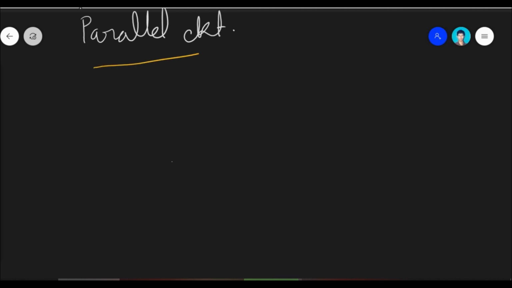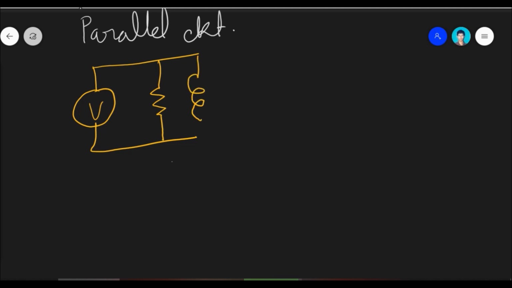Because if you connect a voltage source to a parallel circuit, then when omega is equal to 0, it will behave like a short circuit and appear as a short across the voltage source.